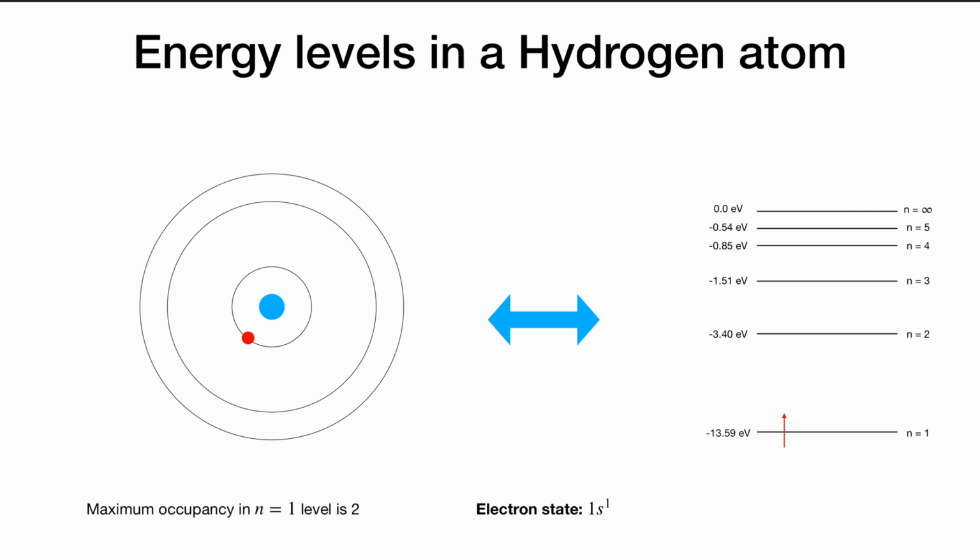The question is, what happens when you take two hydrogen atoms of the same kind? The electron in the one hydrogen atom is going to be in the first orbit. And the same is going to be true for the second hydrogen atom. But then what happens when you put these two hydrogen atoms together?